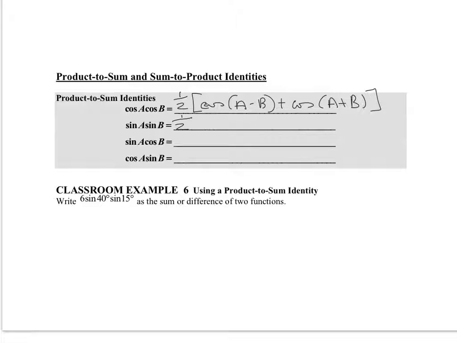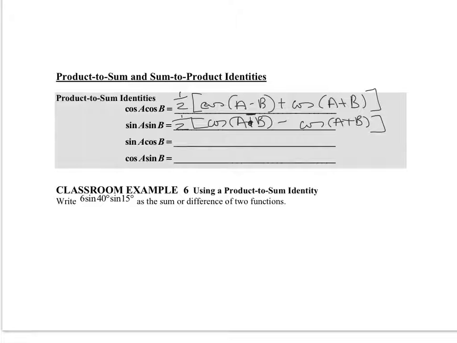It's going to be 1/2 times, now what we're going to do is start with the cosine of A minus B, minus the cosine of A plus B. So it looks just like the one we did above, except instead of adding these two parts together, you subtract. Not that I expect you to have these memorized. You will use your formula sheet, and you can find them on there, but you can see the similarity.